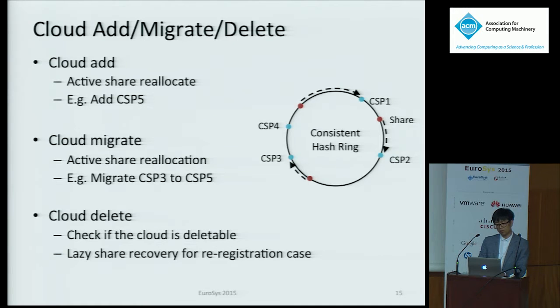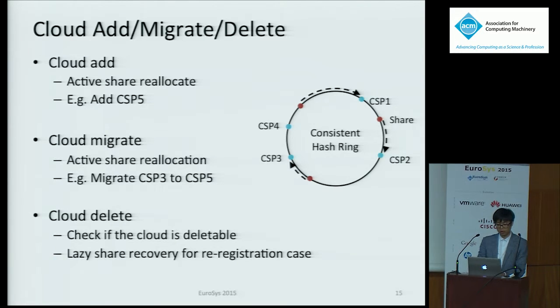Before adding CSP5, the share between CSP4 and CSP1 is located at CSP1. But after adding CSP5, some shares between CSP4 and CSP1 are located at CSP5. So we actively reallocate these shares only. When we migrate shares, we also actively reallocate shares.